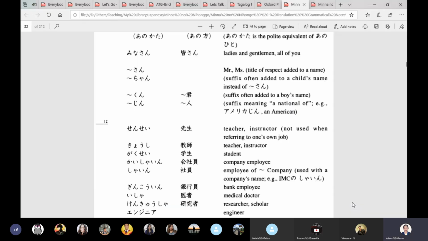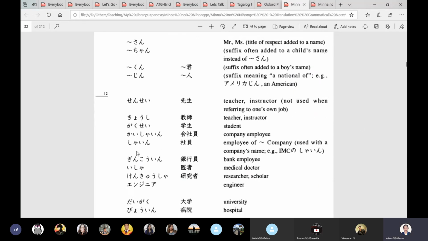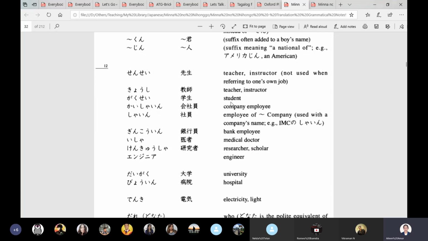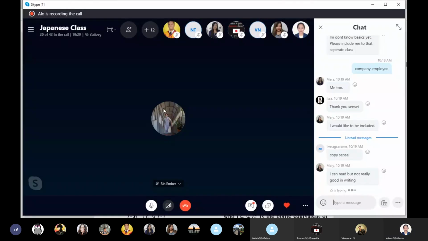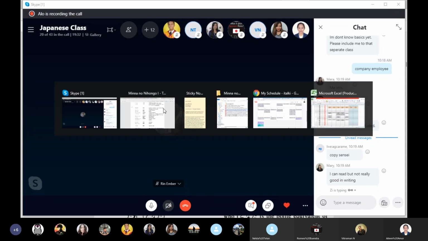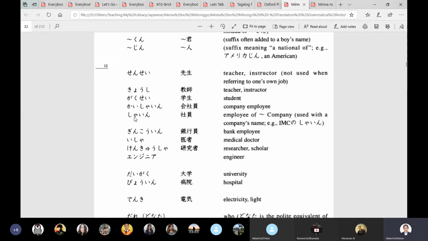Okay? So next there, kaishain, company employee. Kaisha means company, and in means employee. And then the next word is shain. This is something that we connect with the company name to mean, let's say, I'm an employee of Samsung.